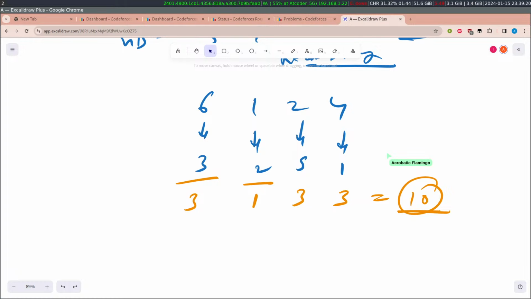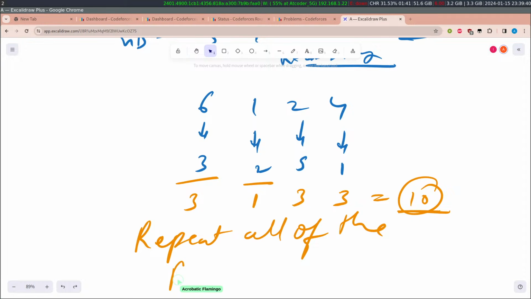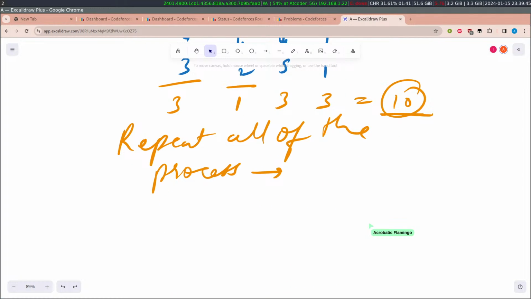When I arranged it in order 3 2 5 1, the absolute value was 10. This is one way of doing it, but it's not necessary that this 10 is maximum. What we have been asked is to repeat all of the process so that our final sum is maximum possible.